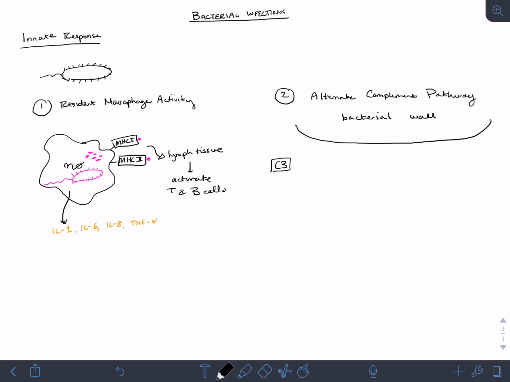They're not really doing much, but they will spontaneously and randomly split into two smaller proteins, C3b and C3a. Actually, I'll tell you what the function of these are later. I'll just draw the skeleton of what is happening right now. C3b is going to recognize this bacterial wall and stick to it.